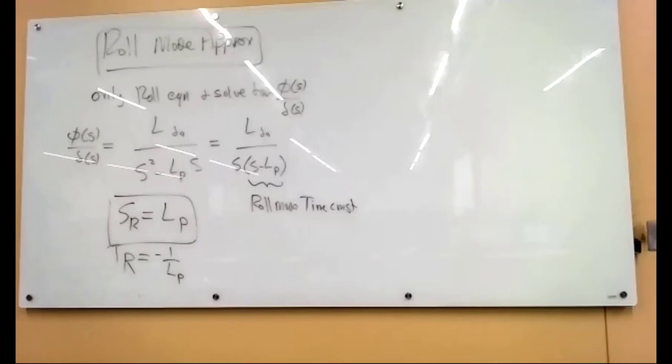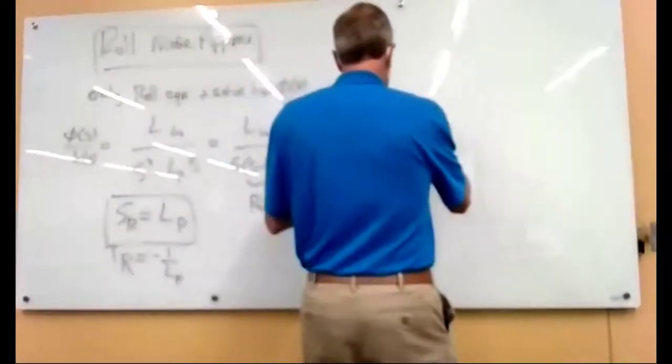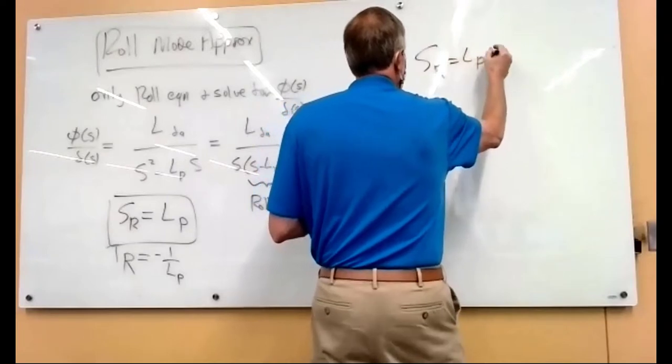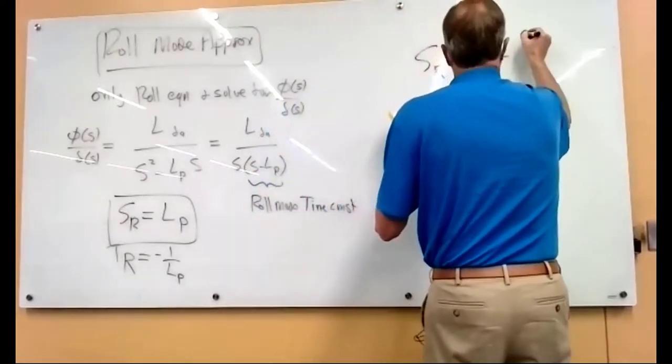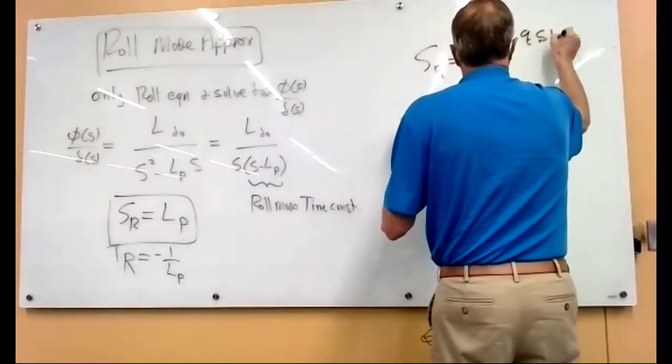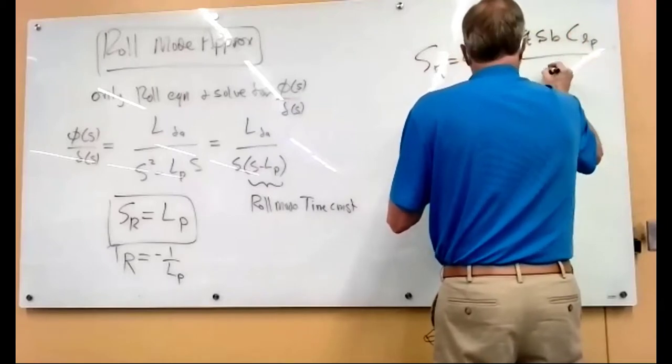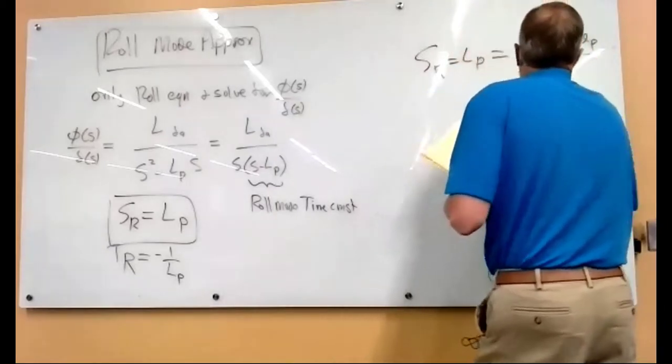In a second order mode, we do damping ratio and natural frequency. In a first order mode, we do the time constant. And to calculate this, we just need LP, and that's QSBCLP over IXX.